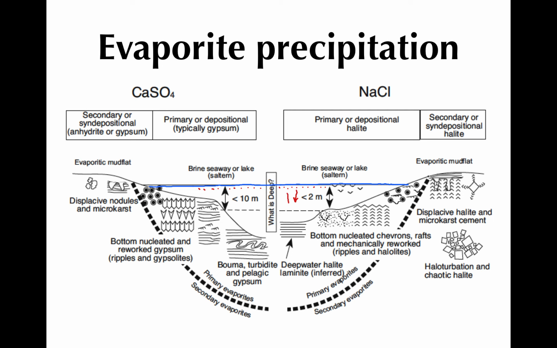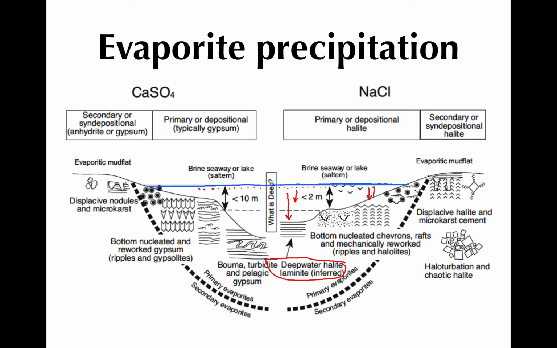They can sink straight to the bottom and accumulate as a deep water deposit, or they can sink down to shallower water where the brine may still be concentrated enough for them to continue to grow.